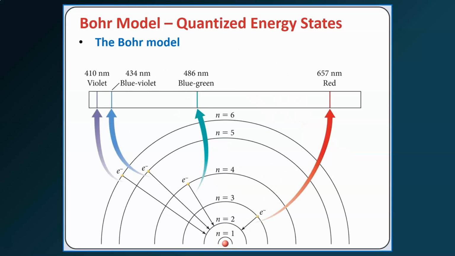Each of the distinct wavelengths present in the atomic spectrum for an atom correspond to transitions between 2 energy levels in the atom. In hydrogen, for example, when an electron drops from the N equals 3 to the N equals 2 energy level, it emits a photon with a wavelength of 657 nanometers, which corresponds to red light.